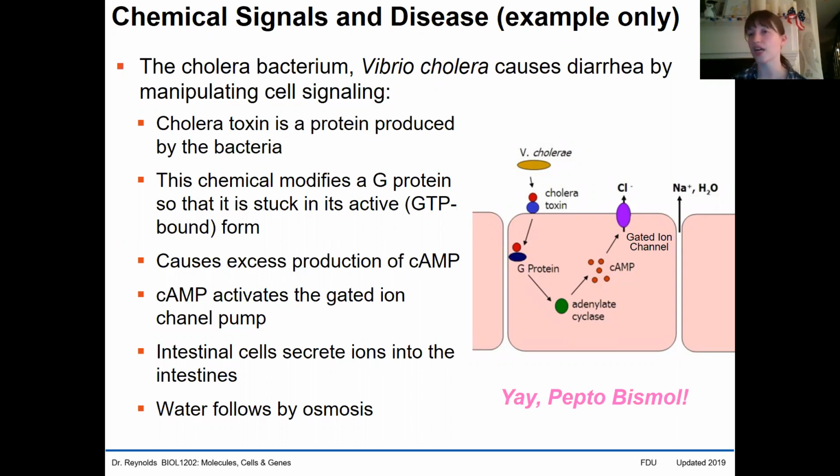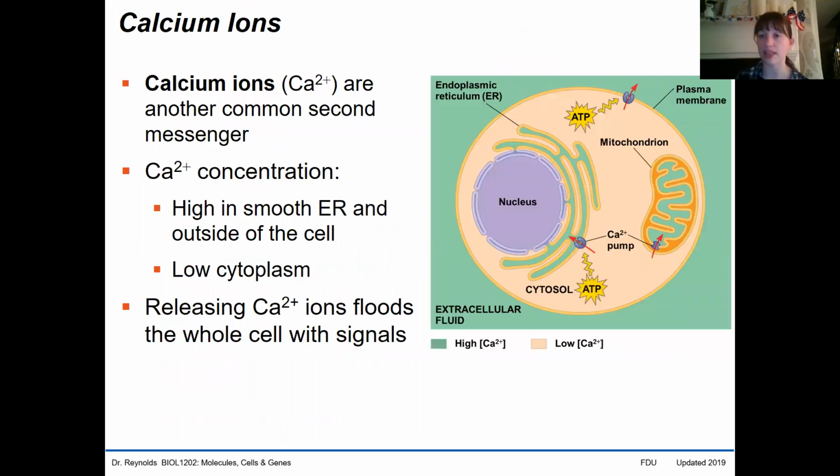Now, ions are not just crossing your plasma membrane. They can actually be another example of second messengers. Calcium, which you might recall from watching the muscle video that I introduced you to, is another common second messenger. And one of the cool things about calcium is that, unlike the example that you just saw with cholera, calcium can be secreted because it's stored in the smooth ER in high concentrations.